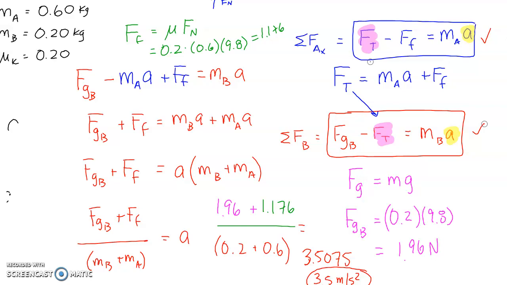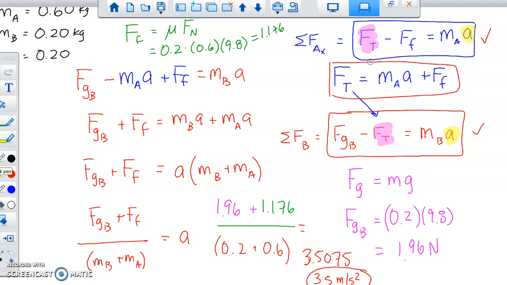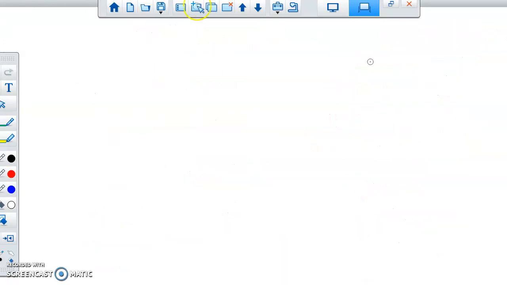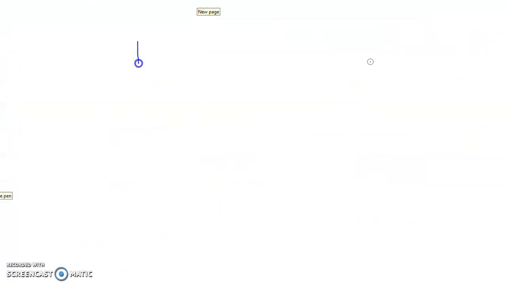So I'm actually going to pick this equation right here, see if I can memorize it, because I'm going to do a new one here. Ft equals Ma times a plus Ff.